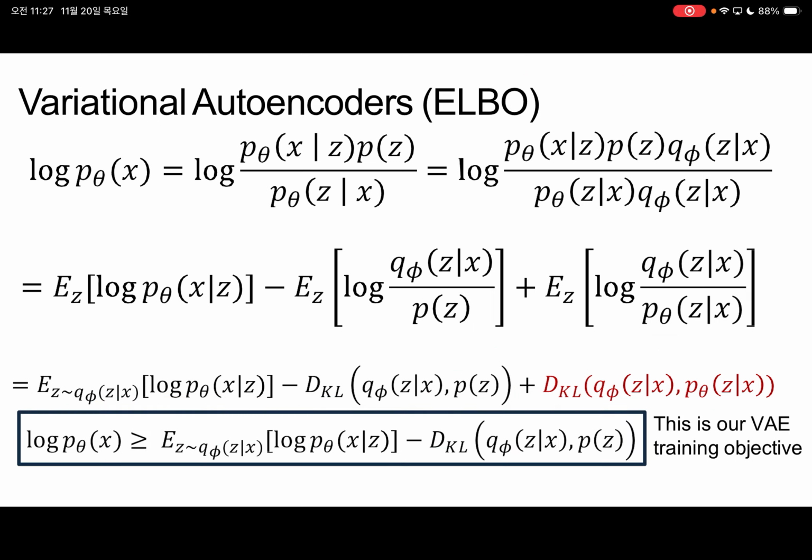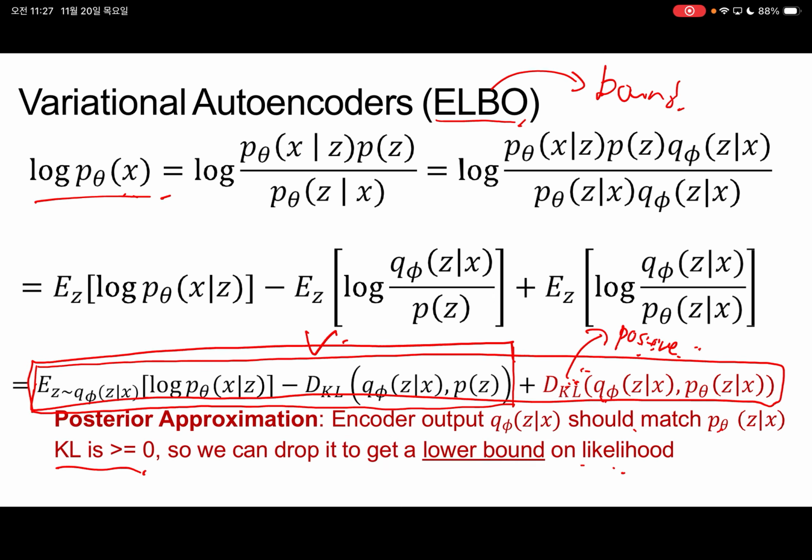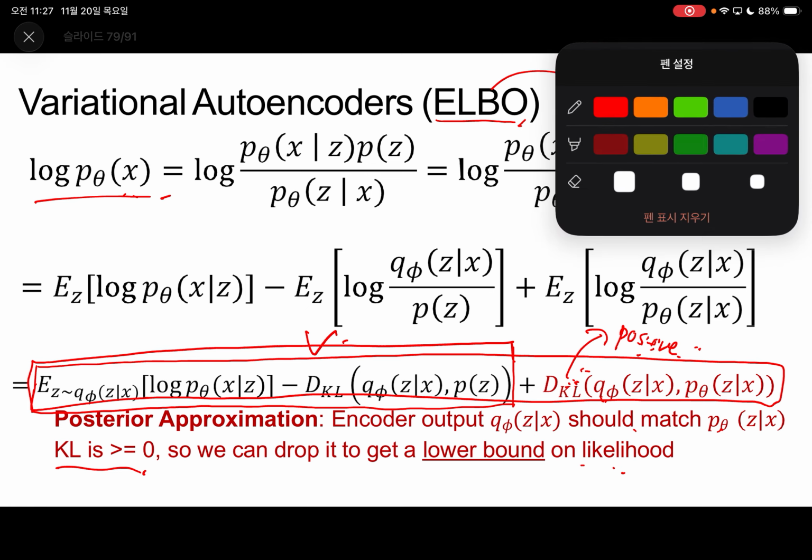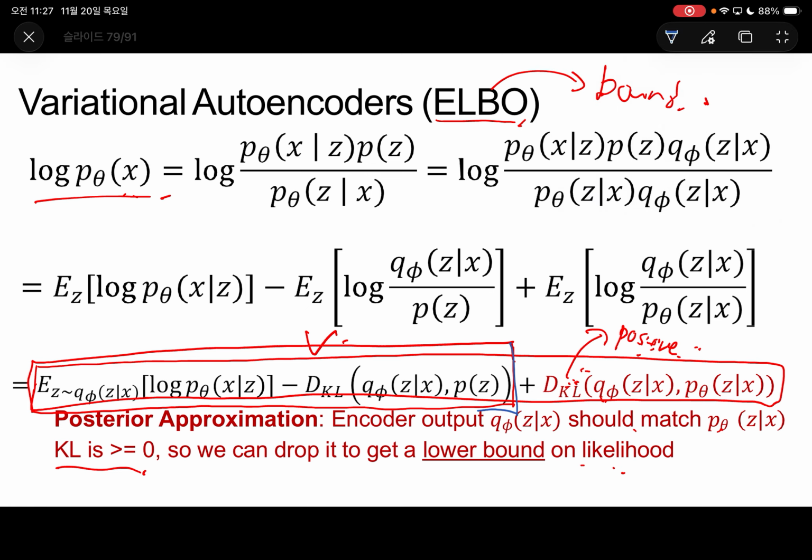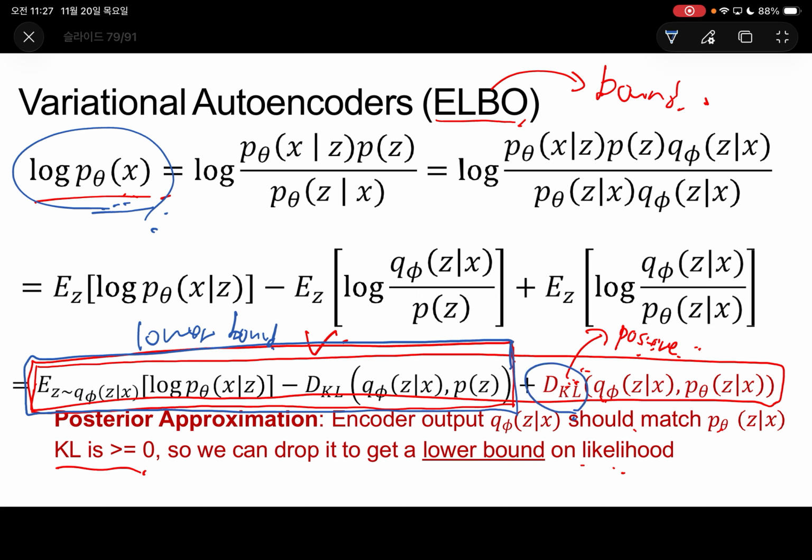Let me change the color. Okay. So this one becomes the lower bound of our target. We'd like to maximize this one. Our goal is maximizing this one, but this one is positive.